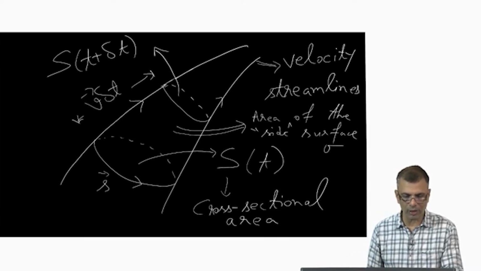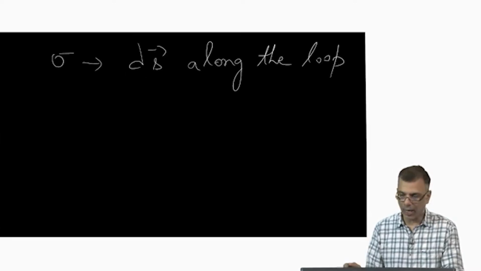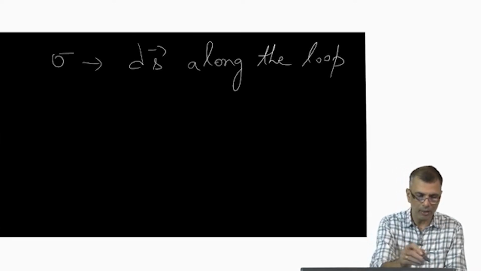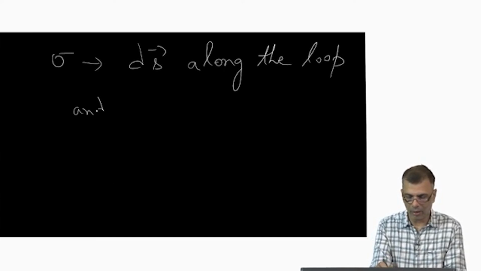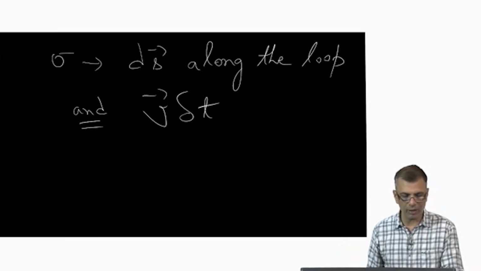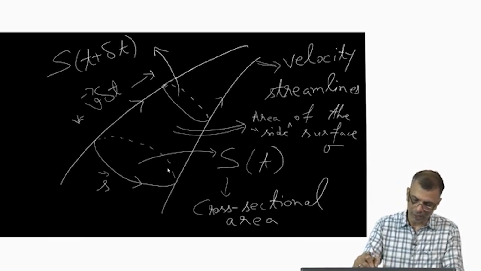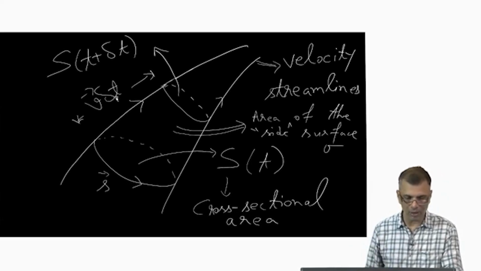So it comprises the length element along the loop like I've written, and the v dt, which is essentially, so it would essentially be an integral of this times v dt, which is this. Okay, so that is what I am writing here.